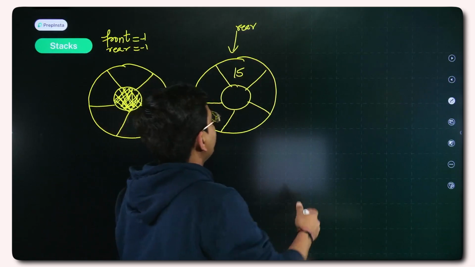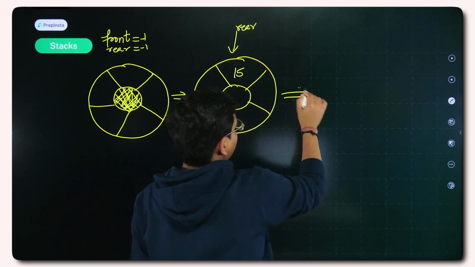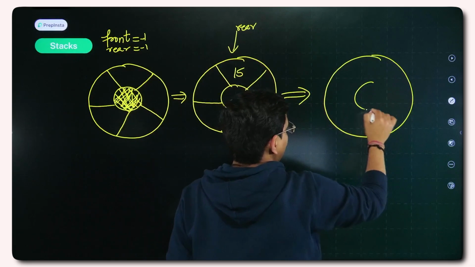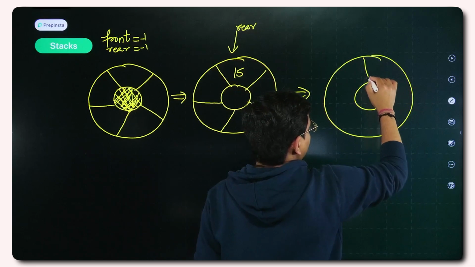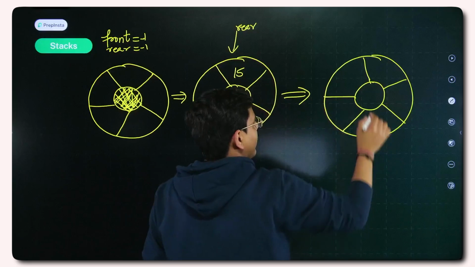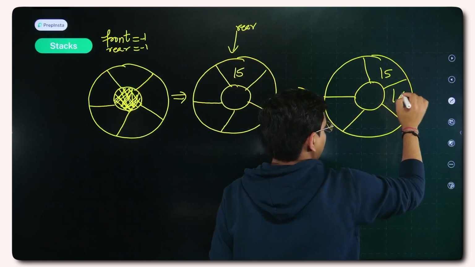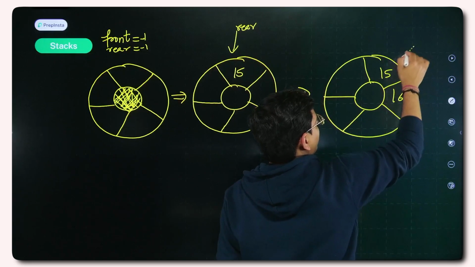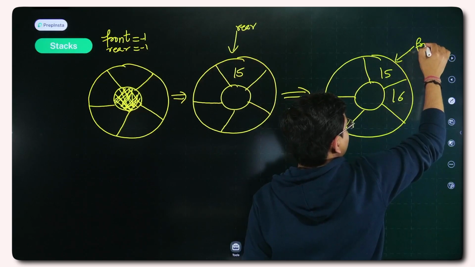And if I add one more element, I draw this queue again and put a few particular disks here in this manner. And now I have 15 and I have 16. So the front would point here only, isn't it?